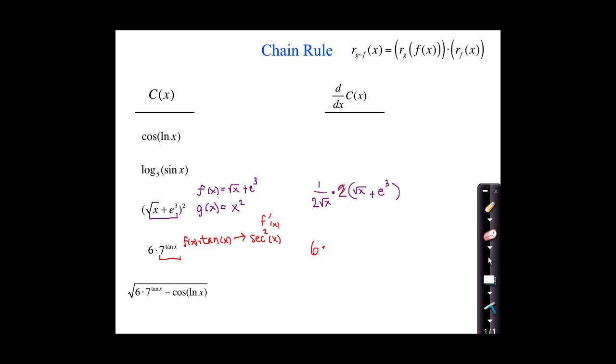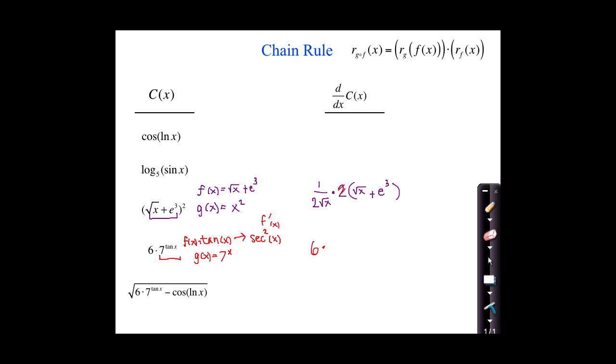The outer function is the, well, 7 to the something. So 7 to the f of x. So my outer function, g of x, is a base 7 exponential function. g of x is 7 to the x. g of f of x is 7 to the tangent of x. But the derivative of 7 to the x, we talked about this last class also, involves itself.